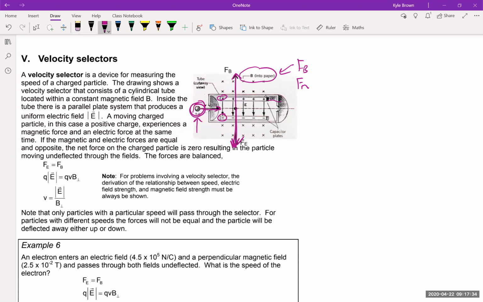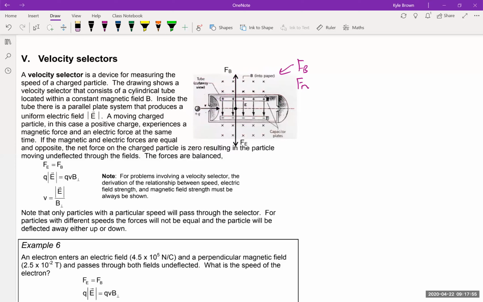Why this is a velocity selector is because scientists can tweak the dials on these things. They can give some more charge or less charge on the plates, or some more magnetic field or less magnetic field. They can tweak the dials to make it so that these two forces are perfectly balanced.